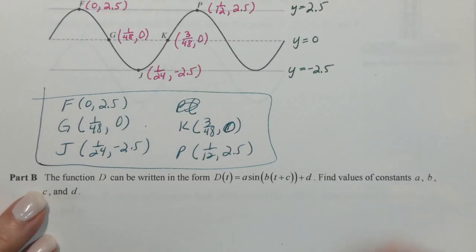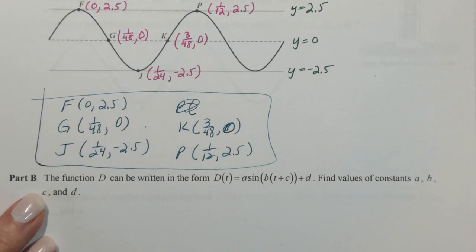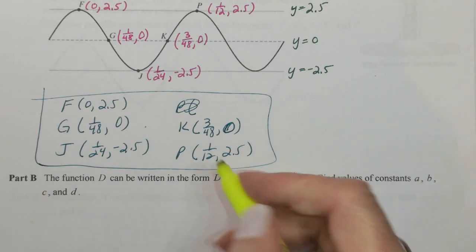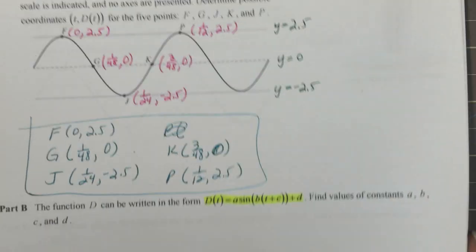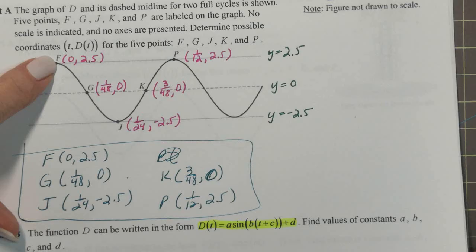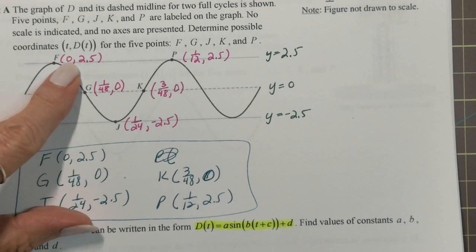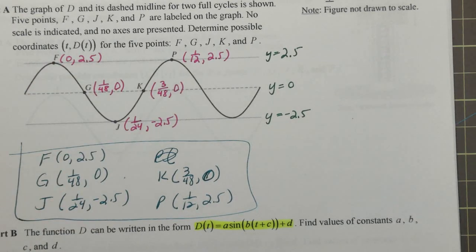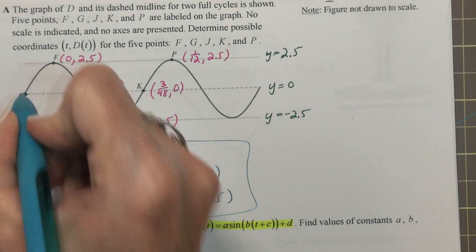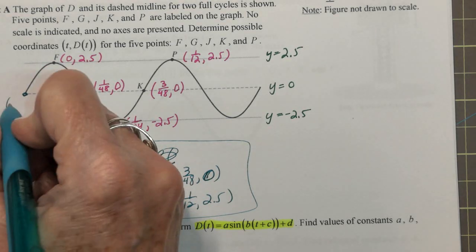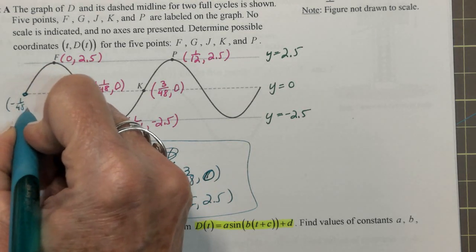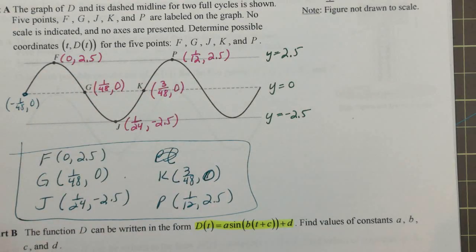The function D is in this form, another sine curve, and that means it's another one where I would have preferred to do cosine. I would have preferred to start up there, when time was 0, but they won't let me, so I will do this one again. What would that point be? That point would be negative 1/48, 0, right?